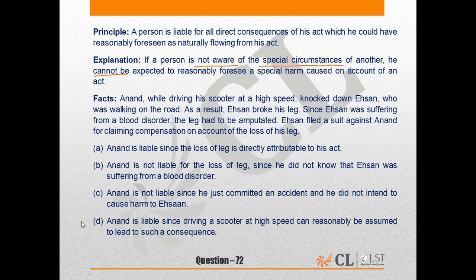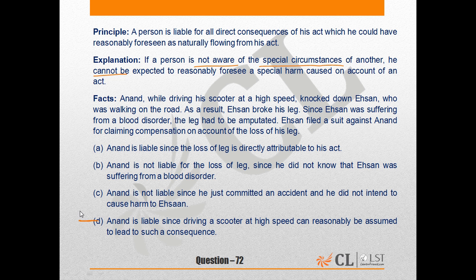A lot of students have marked D as the answer, which says that Anand is liable since driving a scooter at high speed can reasonably be assumed to lead to such a consequence. We can make an assumption only to the extent that a person's leg would break, but having a reasonable assumption to the level that he will have a blood disorder due to which his leg had to be amputated, that is a special circumstance and cannot be expected to be reasonably foreseen.